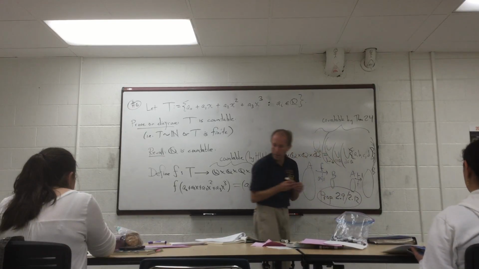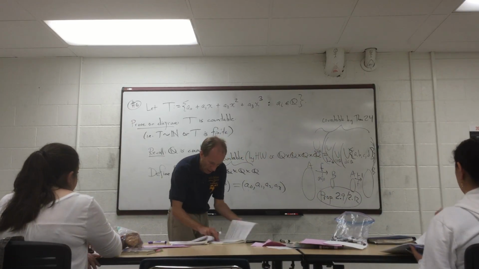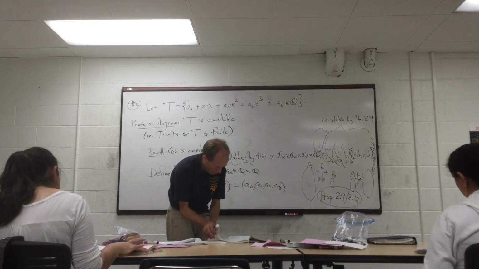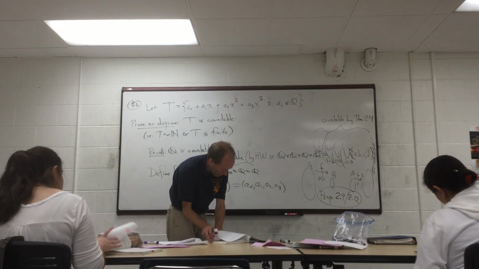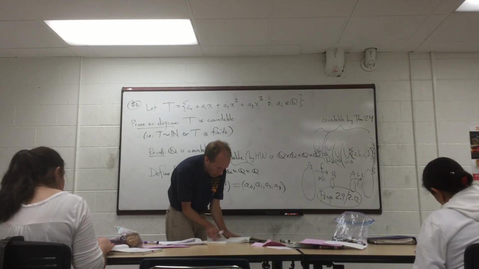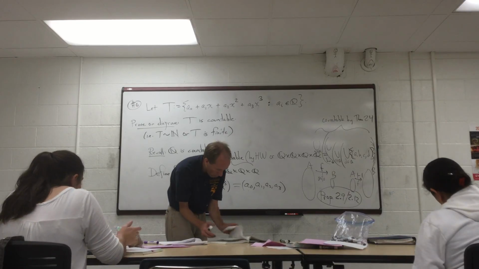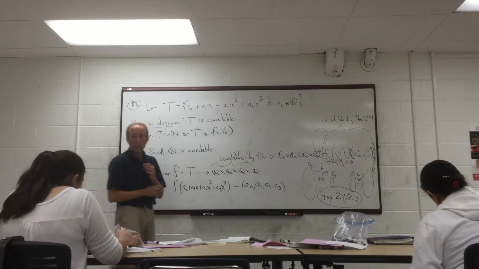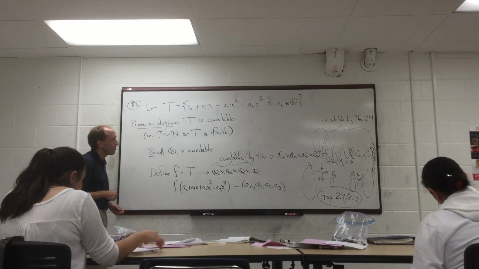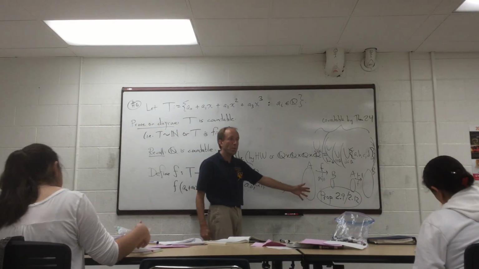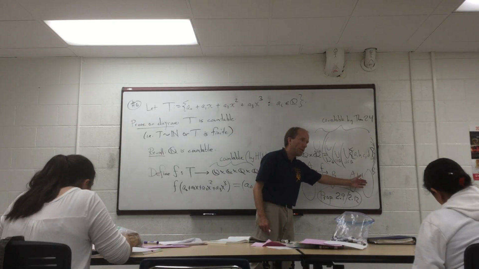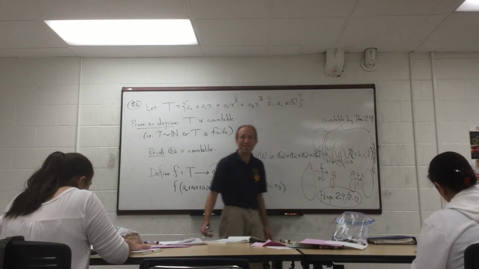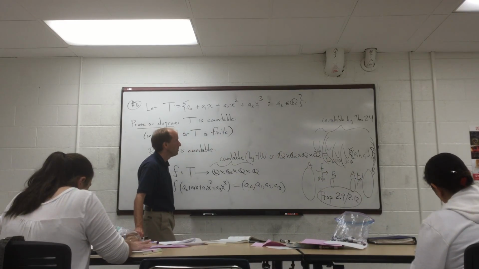Let me just double check that. Yeah, 2.9 and 2.12 is what I should have been saying there. So you can look back at those propositions if you want, but I actually think it's easier to just draw these pictures to help you remember it.